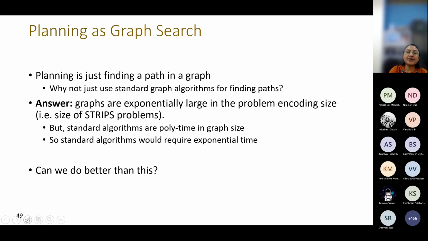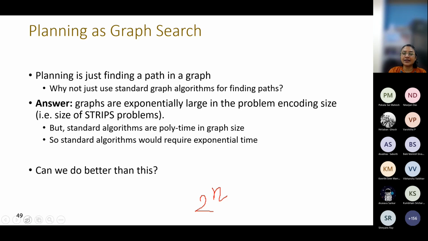As we have already mentioned, if we take the conventional approach of applying graph search, because we are describing the states in terms of propositions, suppose there are n grounded propositions, then the size of the state space is exponential in the number of propositions.